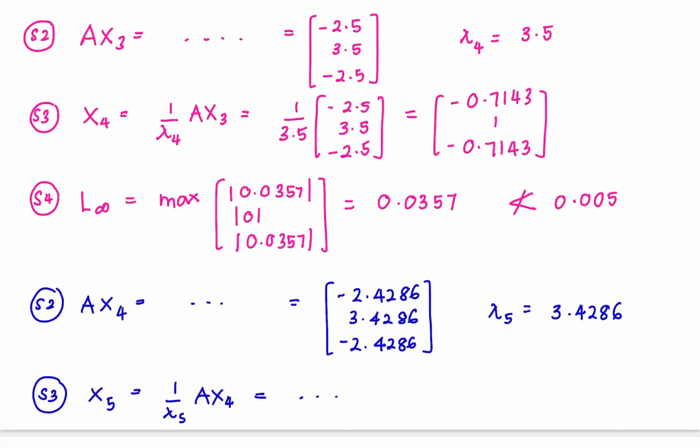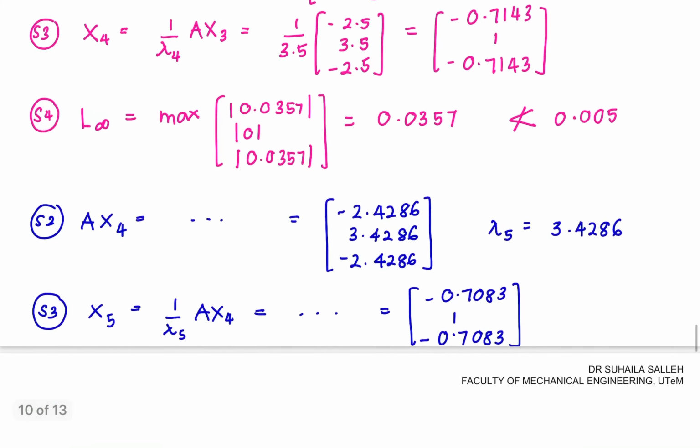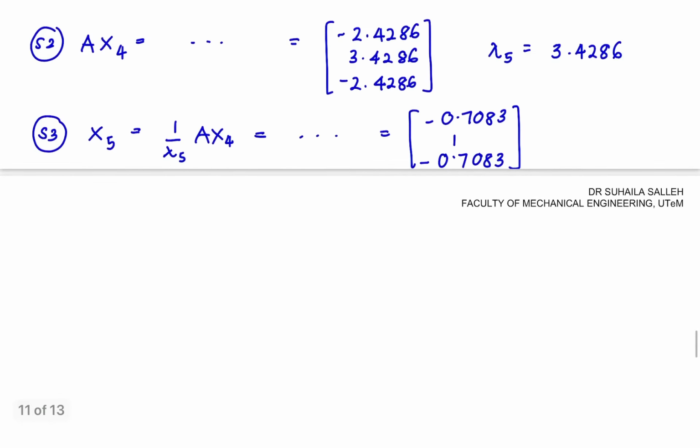Alright, so calculating that, that will be equal to minus 0.7083, 1, minus 0.7083. Now, that looks like a nice number, but could this be our eigenvector? We have to check our convergence criteria, which is L infinity.